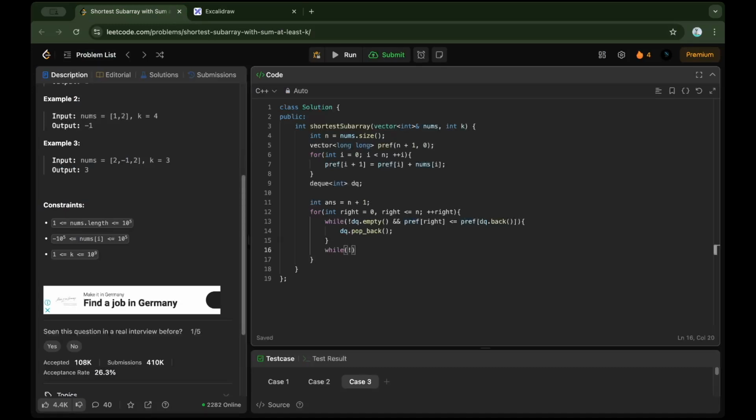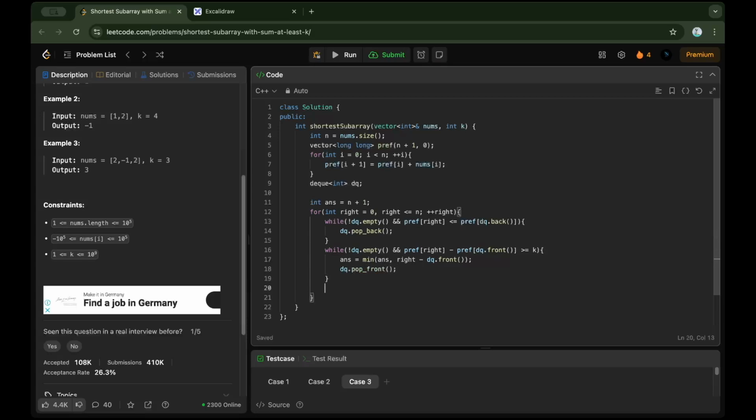So first check whether they are empty or not, and if prefix of right minus prefix of front is greater than or equal to k, now it is enough for right minus front, and we'll pop that out as they are used.